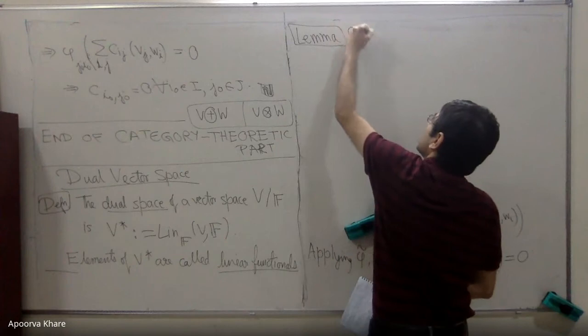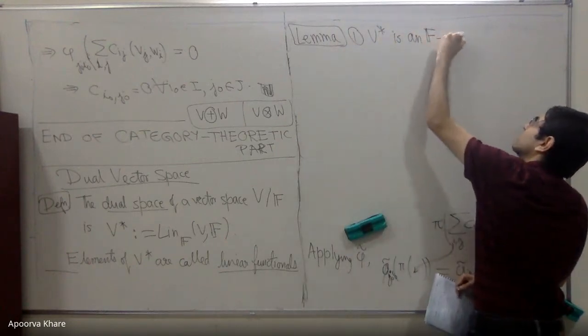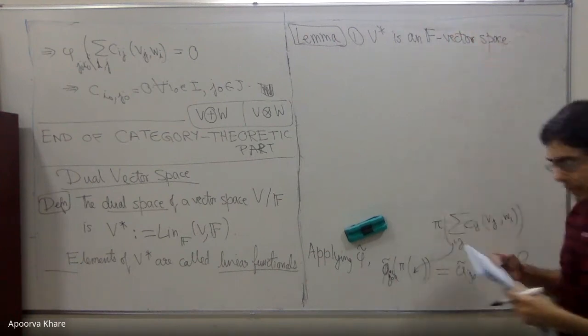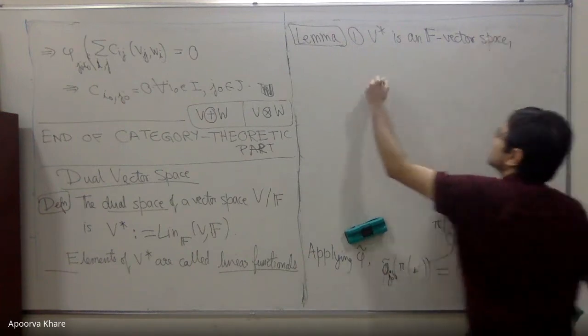So, basic properties. One is of course V star is a vector space. But you can say a little bit more. And of course maybe I should say the zero map.